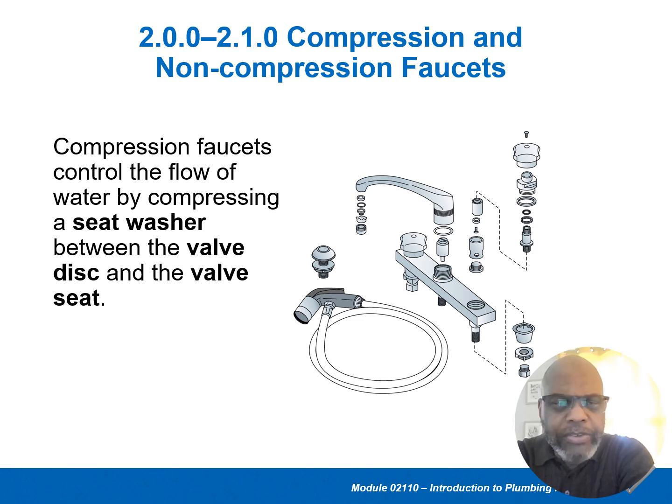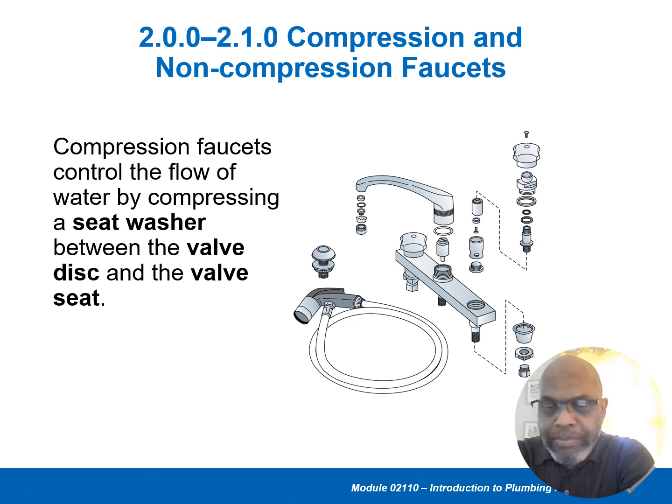So compression faucets control the flow of water by compressing a seat washer between the valve disc and the valve seat. And I'll post a video to show you the difference in these types of faucets. It's really important to understand that if you're going to repair a faucet, this is the other part of plumbing.